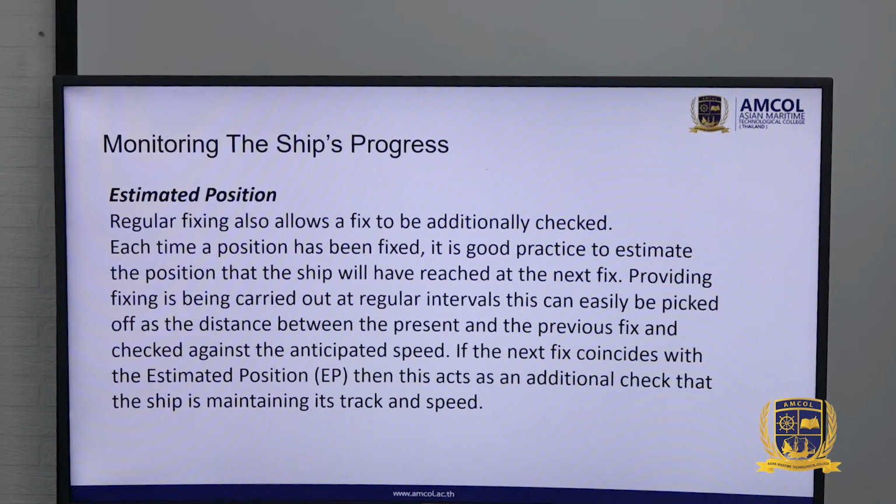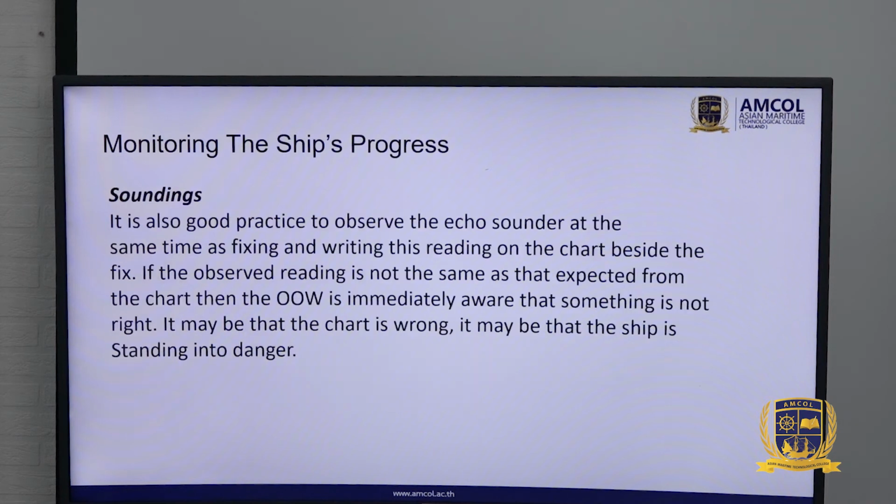Providing the ship's fix is carried out at regular intervals, it can be picked off as a distance between the present and the previous fix. So sometimes, if the GPS is not available, or maybe you don't have any landfall, then you may use your estimated position for navigation purposes.